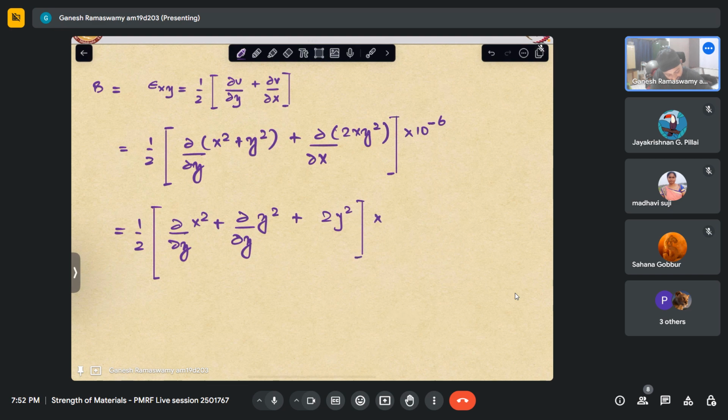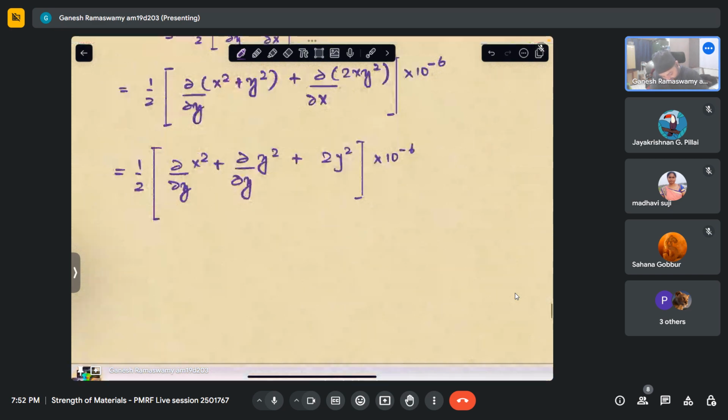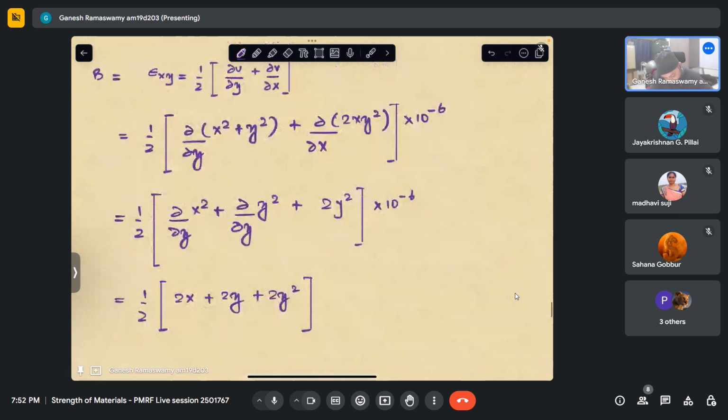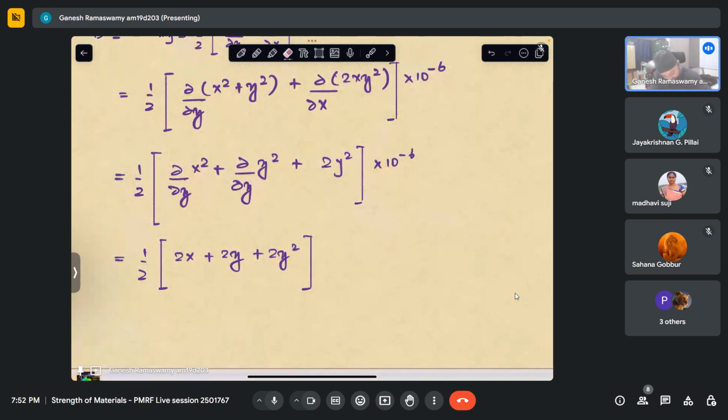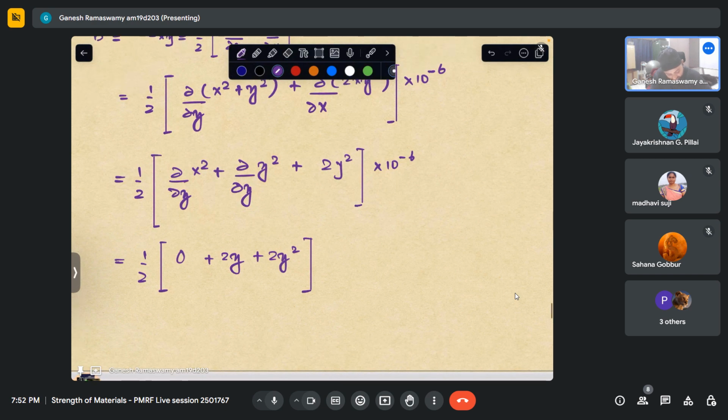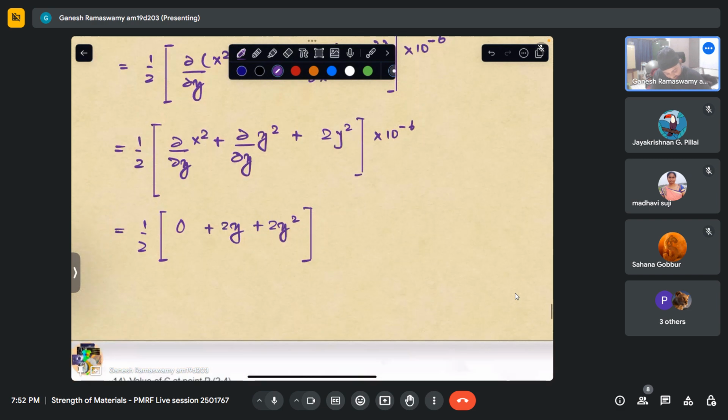So this comes out to be 1/2 of 2x plus 2y plus 2y squared. I'm sorry, this won't be 2x, this will be 0 because we are taking the partial derivative with respect to y. So this is 0, so this is 2y, alright, and then 2y squared. Yeah, this sounds about right. So this is nothing but y plus y squared.